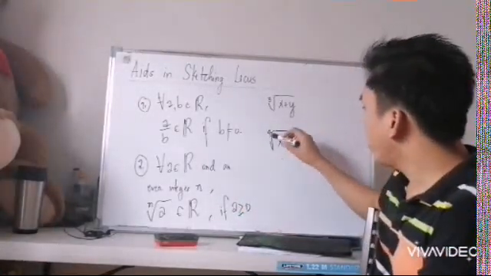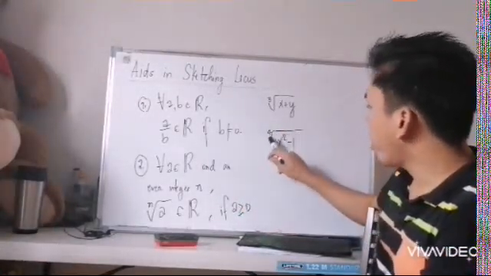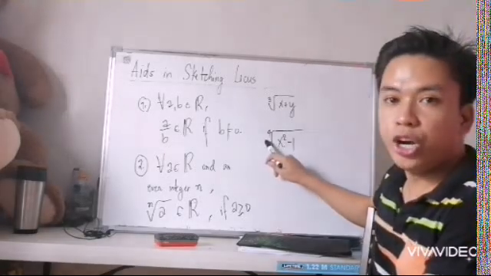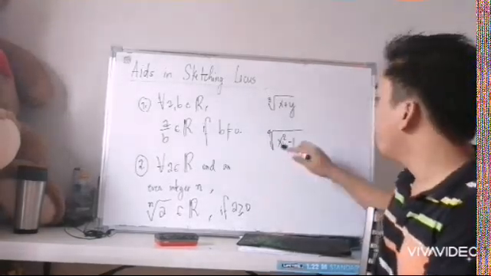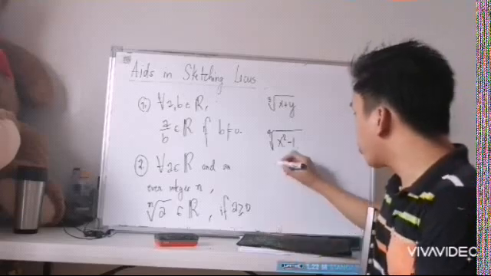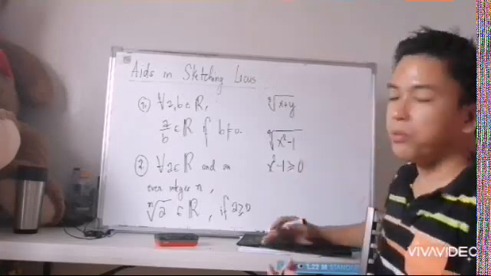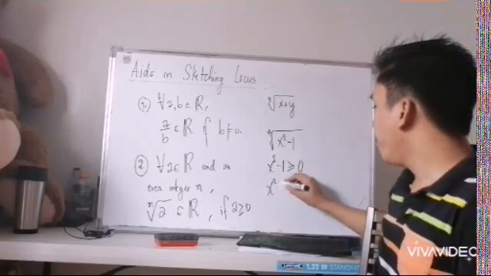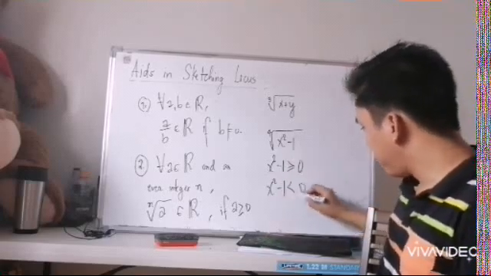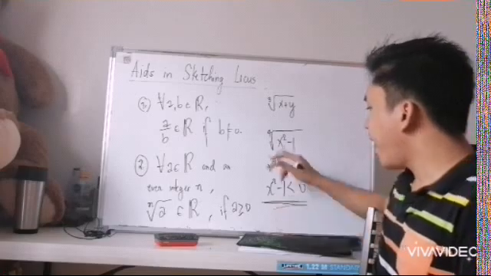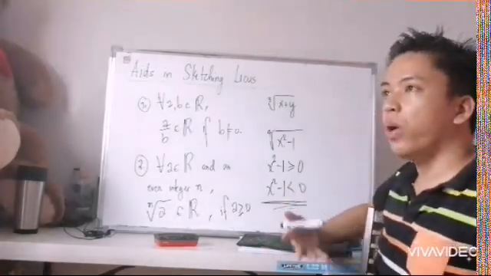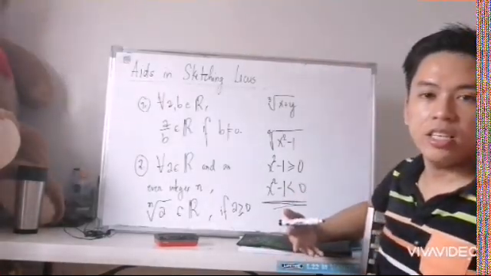This, on the other hand, has an index of 4. 4 is even. So you have to make sure that x squared minus 1 is positive or 0. Otherwise, if you have a negative, then the expression will be undefined.